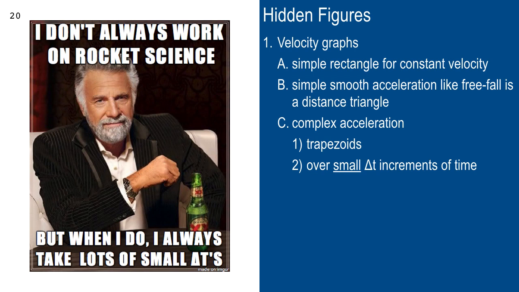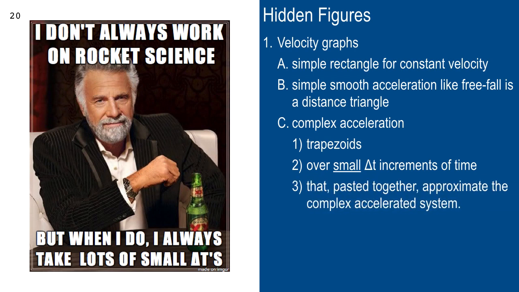And they got accelerometers. They invented them for NASA, accelerometers. So you got them on your phone now, but these guys had them on planes and stuff back in the 50s. So, yeah, small delta T's, and then paste them all together and approximate the complex accelerated system.